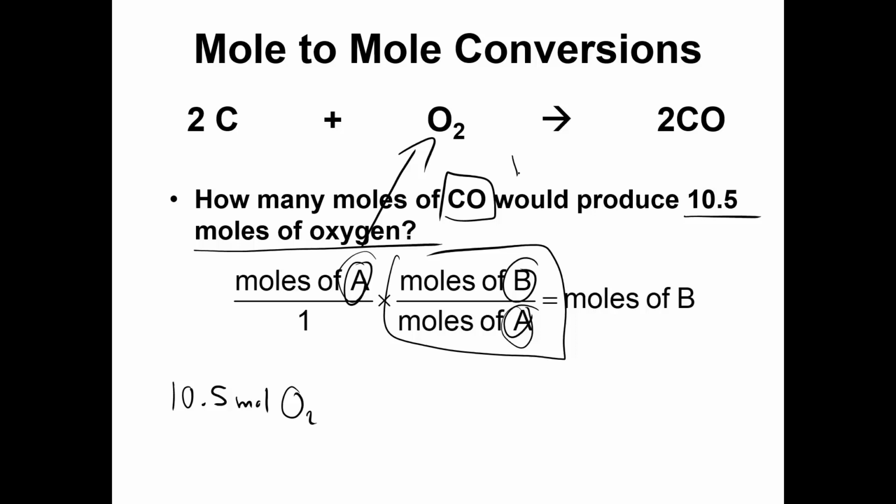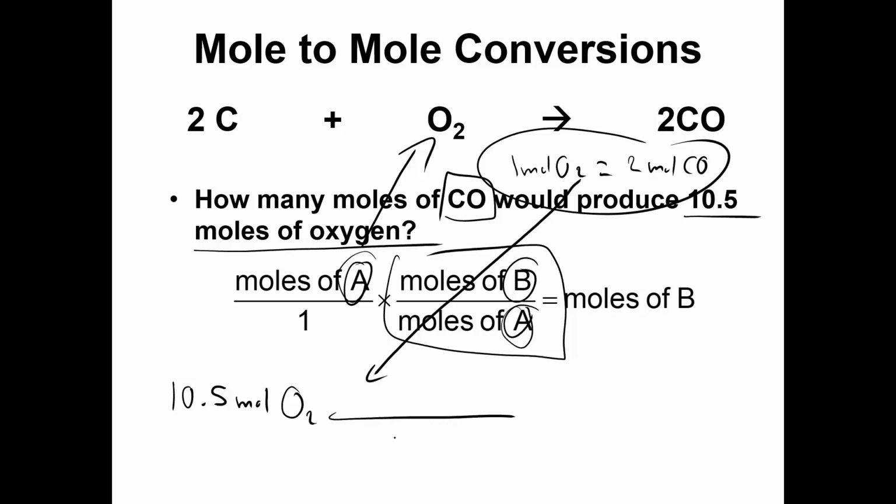There's 1 mole of O2 equal to 2 moles of CO. All right, and so I take this and I put it in here, dividing by the moles of O2, which has a 1 in front, and multiplying by 2 moles of CO, which produces, of course, double that 10.5, so it's going to be 21.0 moles of CO.